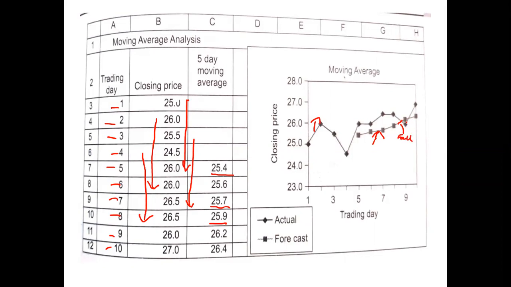And if the moving average line is cutting from the above side, as happened here, then the stock price is going to go up. So we have to identify two things here. If the moving average line is cutting from below, stock prices are going down. If it is cutting from the upper side, then stock prices are going up. This is why we use moving average analysis.